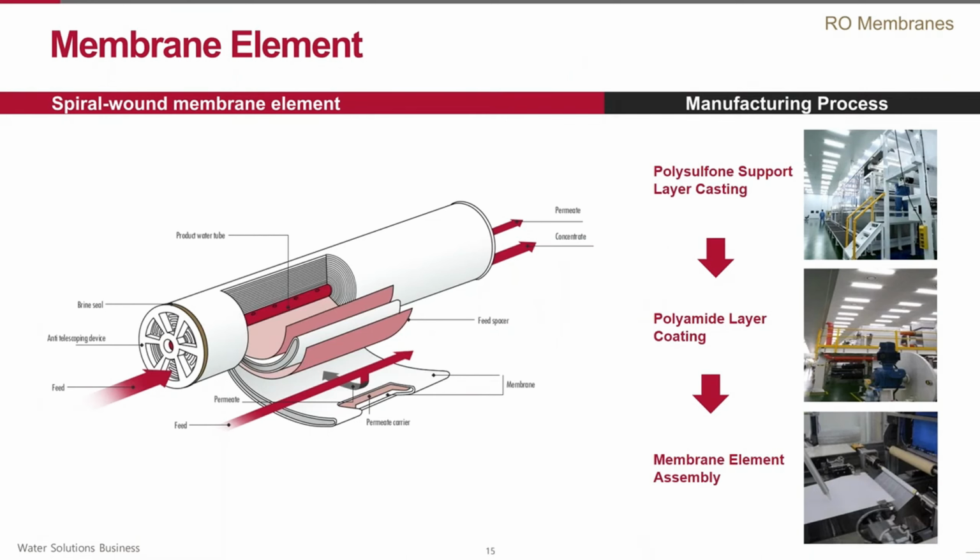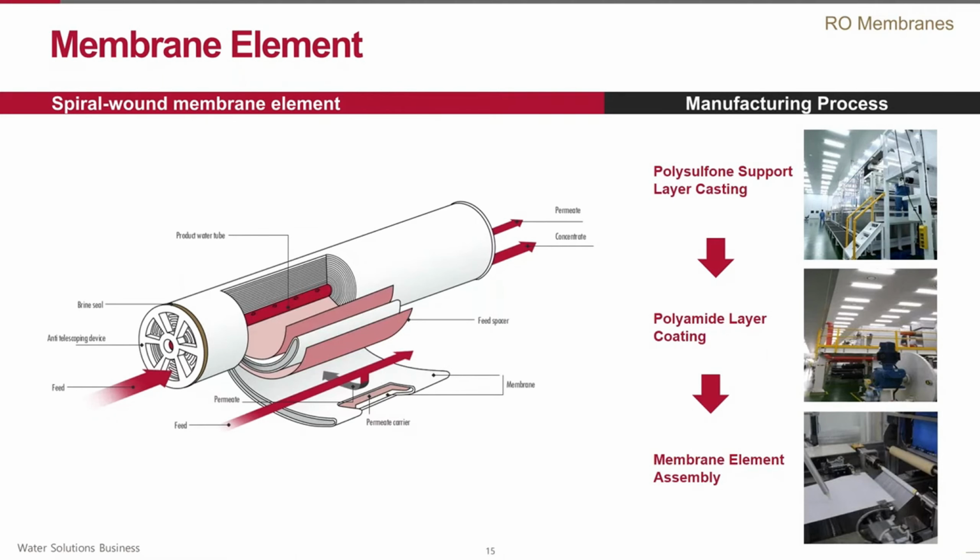The most widely used membrane module configuration today is a spiral wound element, as it is shown here. It consists of a number of so-called envelopes. Each envelope is basically 2 membrane sheets separated by a thin plastic net that is called a permeate spacer or permeate tricot that forms a channel that allows transport of the permeate towards the permeate tube collector.